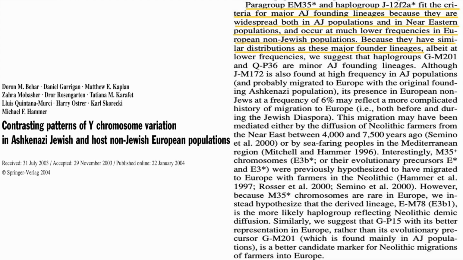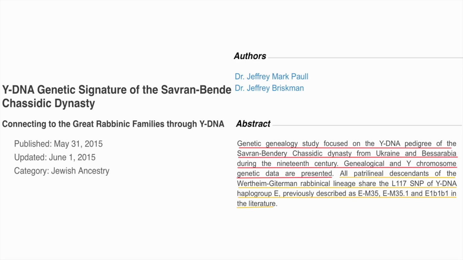And according to the paper titled Y-DNA Genetic Structure of the Sevran Bindi Hasidic Dynasty, and it reads, genetic genealogy study focused on the Y-DNA pedigree of the Sevran Bindi Hasidic dynasty from Ukraine and Bessarabia during the 19th century. Genealogical and Y-chromosome genetic data are presented.